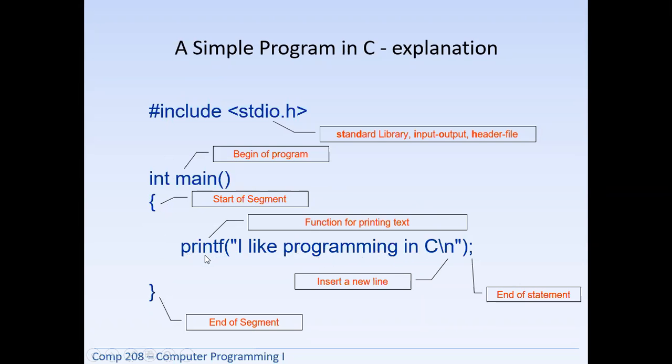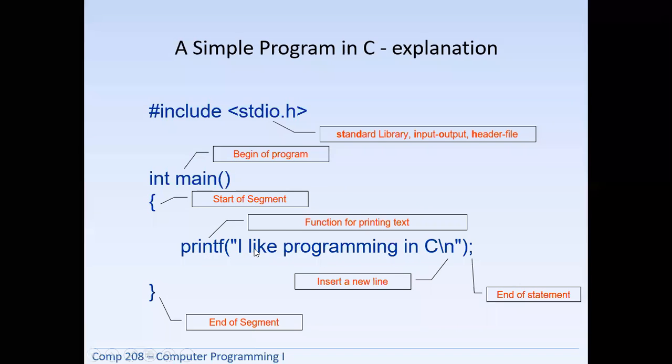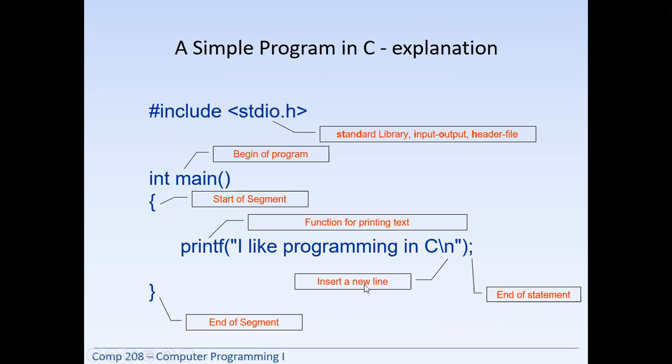Like here, printf prints what is inside to the screen. \n is a new line. Don't forget the end of statement semicolon. For each statement in C, we must put a semicolon.